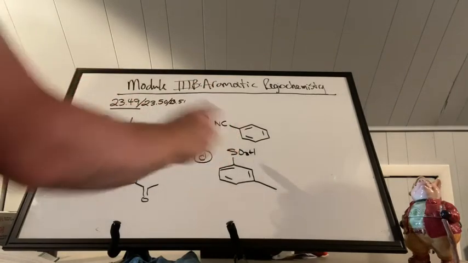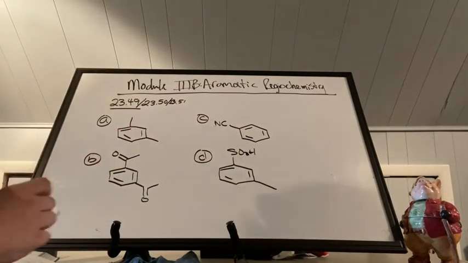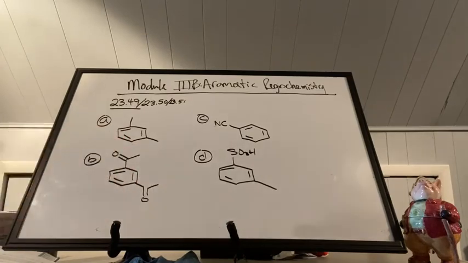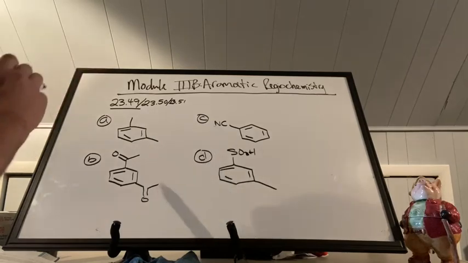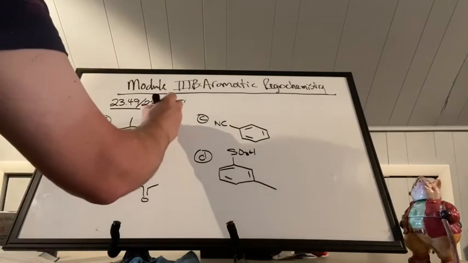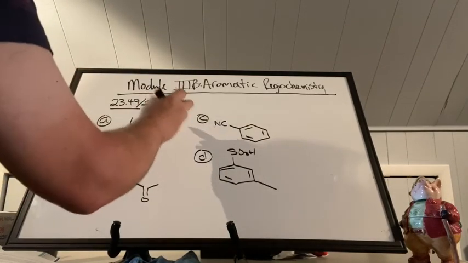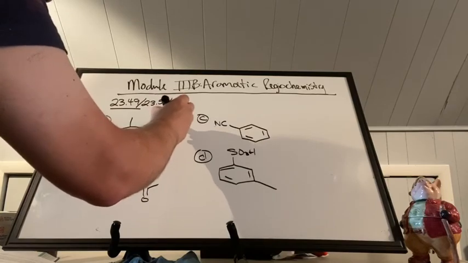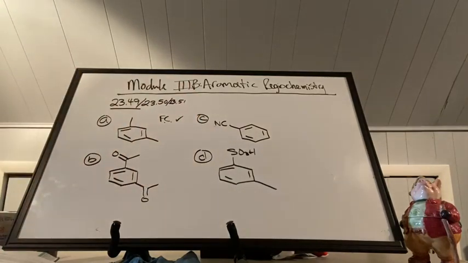This one is going to be strongly deactivating. This is going to be deactivating. These two groups are going to be deactivating. So the only thing that's going to work for Friedel-Crafts is going to be A. So that's 2351. So Friedel-Crafts is a go.